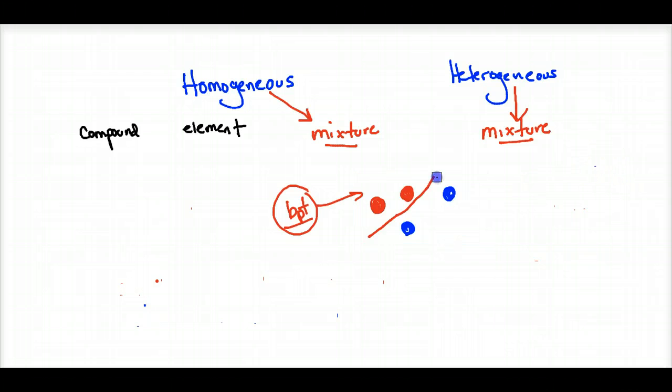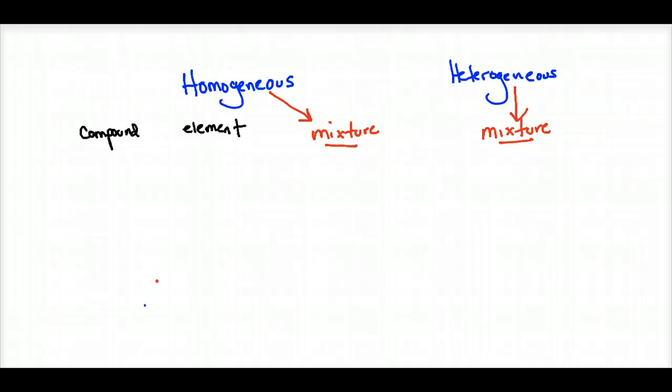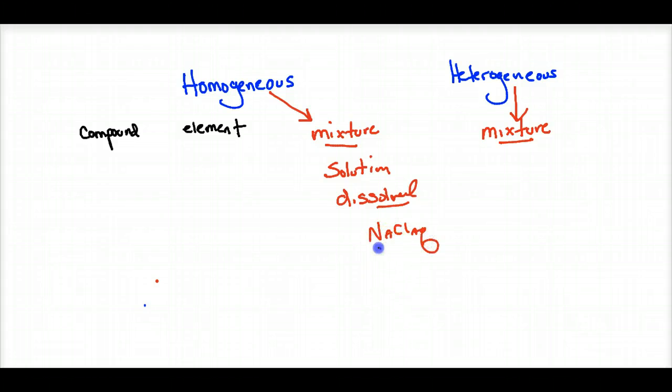So that's very important. Now, of course, I showed you a heterogeneous mixture. A homogeneous mixture is a solution. That you should know. And a solution means dissolved. And if it's dissolved, we're going to write aqueous. We know that that's a solution. And we also know that this is an electrolyte because when it's aqueous, this thing breaks apart into those ions.